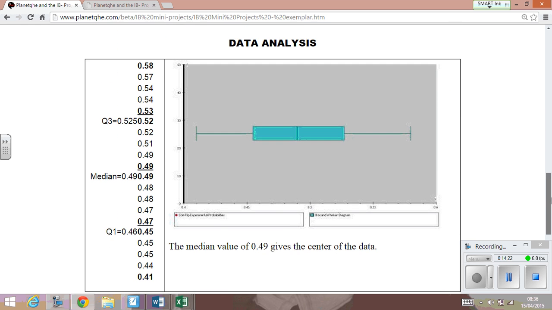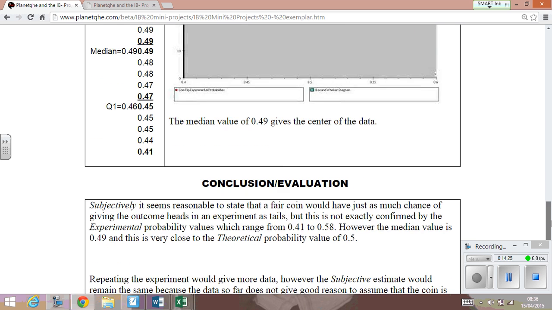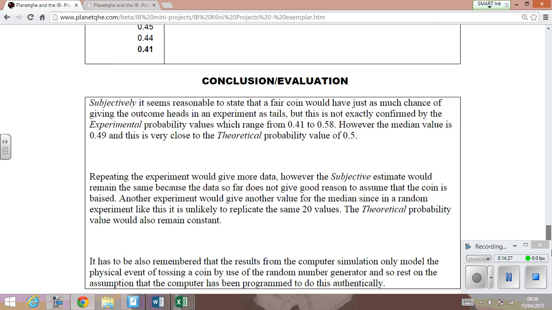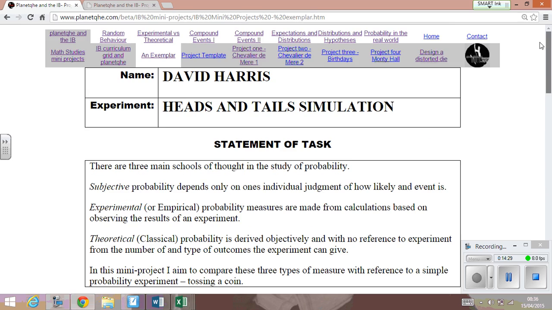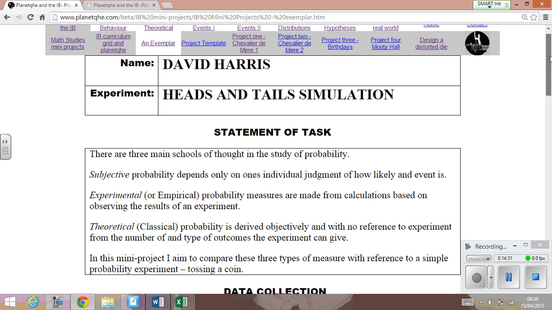Like a box and whisker diagram is a good example. And reflection.